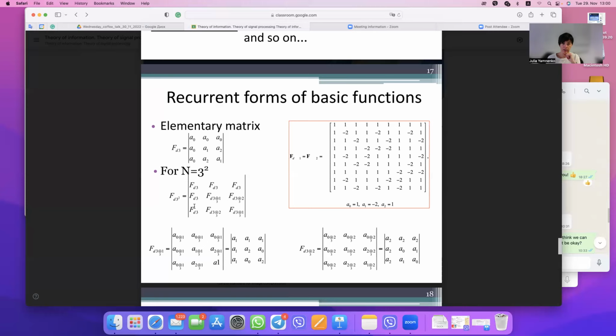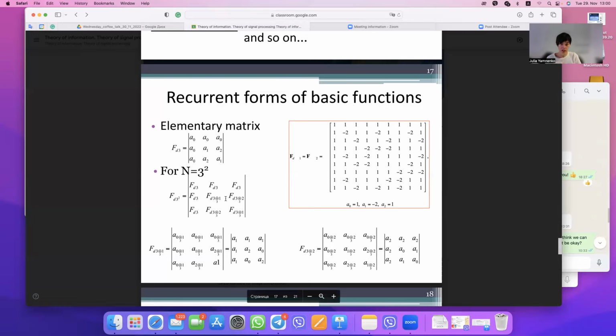So A0 plus 1, so 0 plus 1 is 1. 1 plus 1 is 2, and 2 plus 1 is 0, because we are dealing with the ternary system. So here is another matrix, also with the dimension 3 by 3, where the elements are mixed. In comparison with the elementary matrix, there are the same 3 elements, but they are mixed in this way.